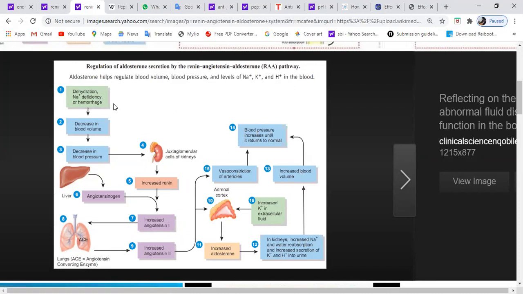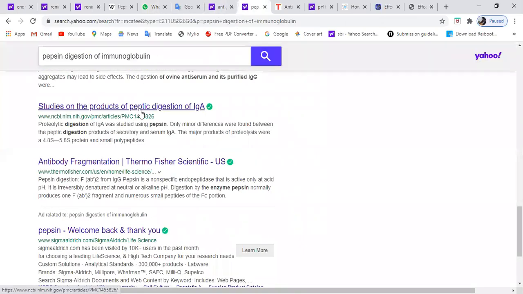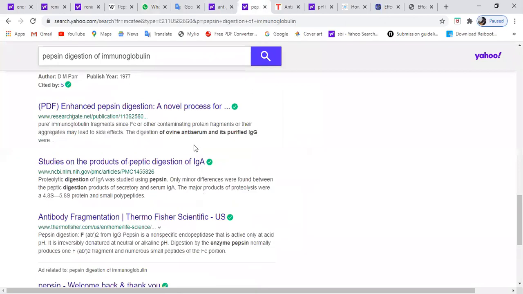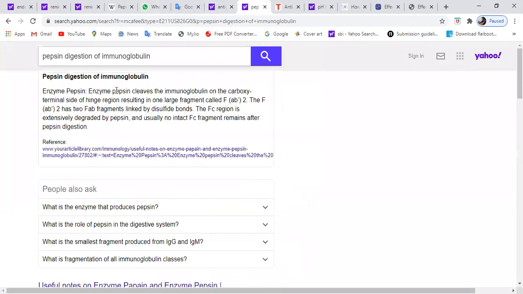Second thing, so this is about renin. Second, we have discussed pepsin actually. So pepsin is another, so where is pepsin exactly? One minute. Okay, so here. Pepsin works like this: it will cleave the antibody over the Hinge region.